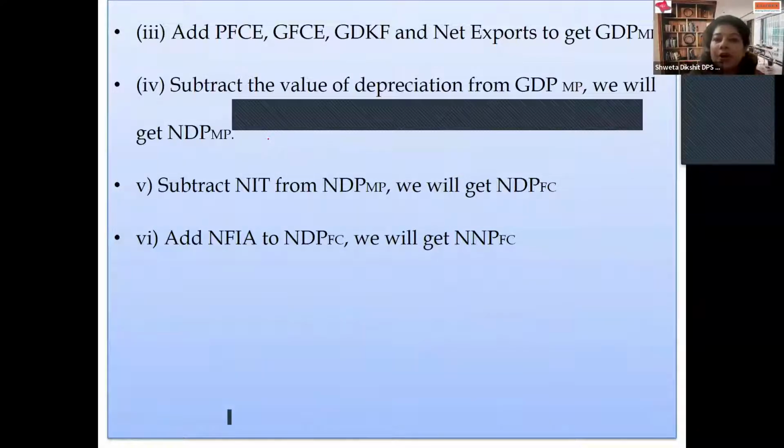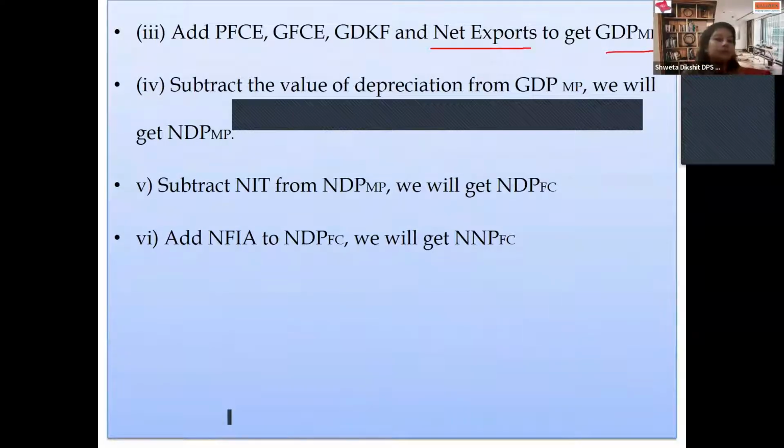Then comes the value of net export. Net export is nothing but the difference between export and import. So adding PFCE, GFCE, GDCF and net exports, you get the value of GDP at MP.